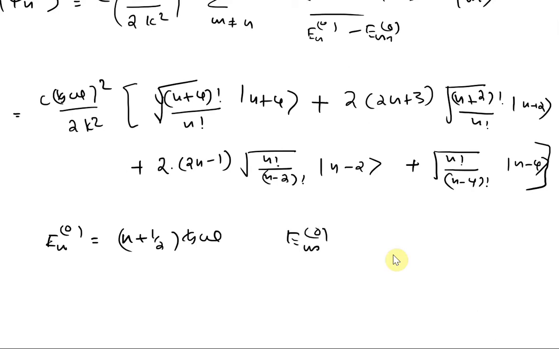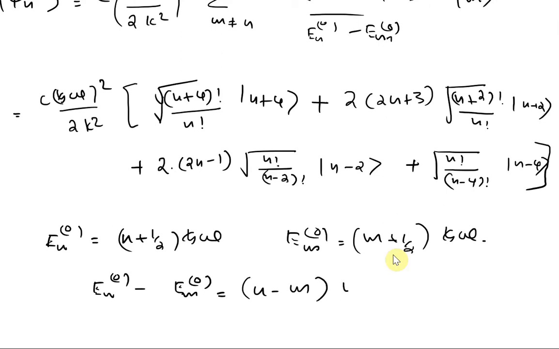Em0 is nothing but m plus half h cross omega. What we need to find out is En0 minus Em0, right? That is nothing but n minus m h cross omega. So in the first case, the difference between n and m is 4, so this will become 4 h cross omega.